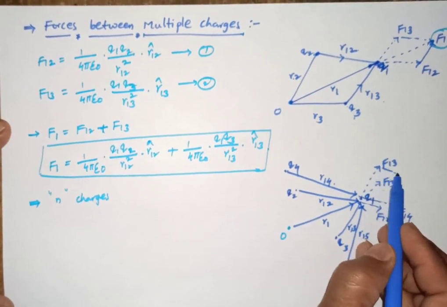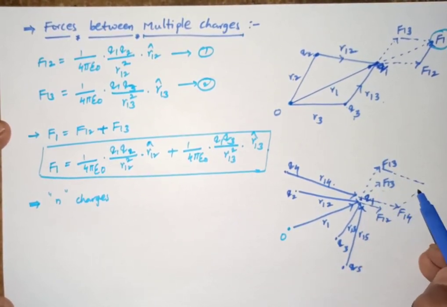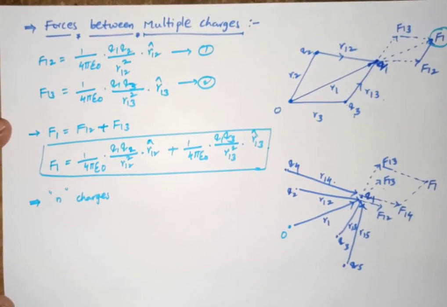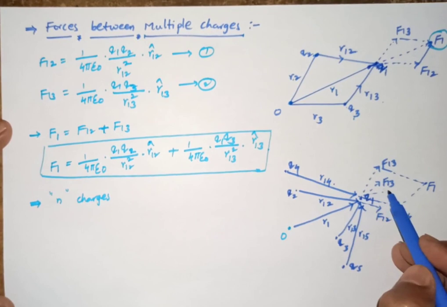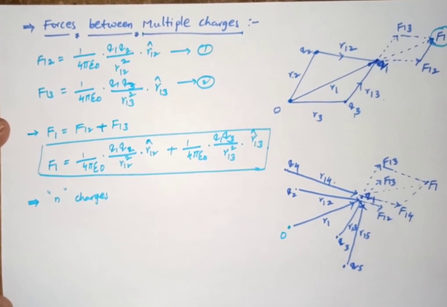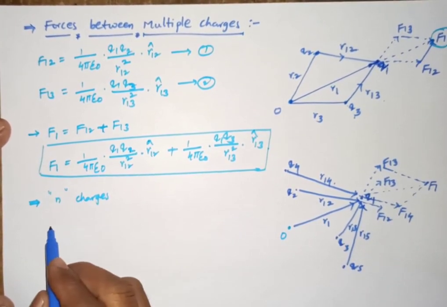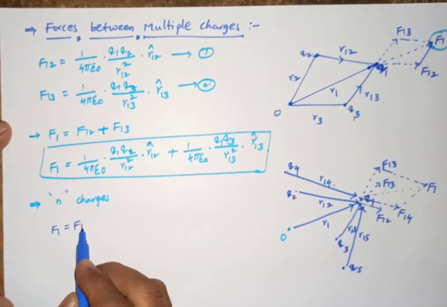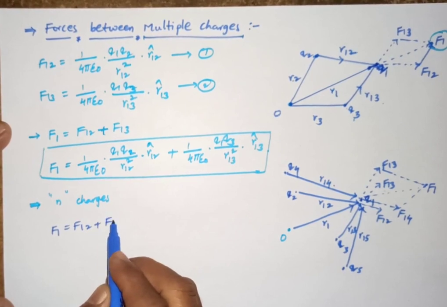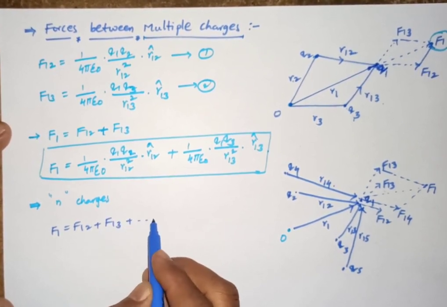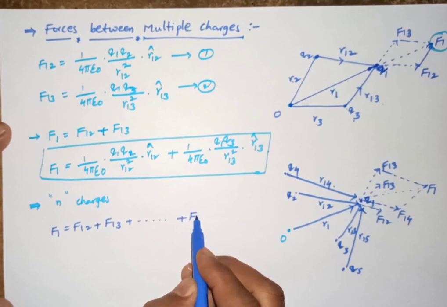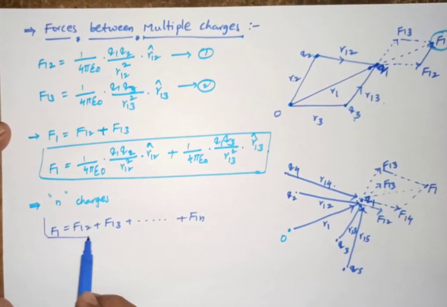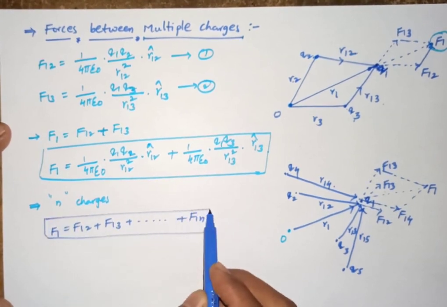Then the resultant force F1 is found using the parallelogram law. F1 equals F12 plus F13 plus so on up to F1n. This is the resultant force of the multiple charges.